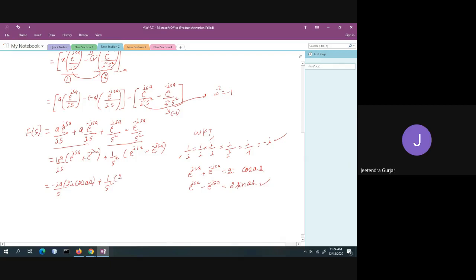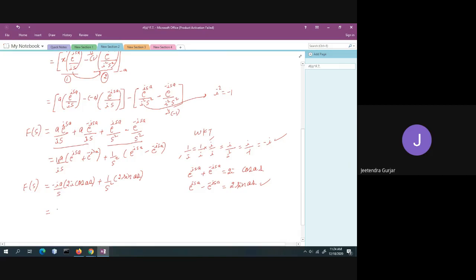Now students, you can simplify, otherwise you can keep this as your Fourier transform. So we have transformed this, students. Is it clear? If possible, you can simplify.